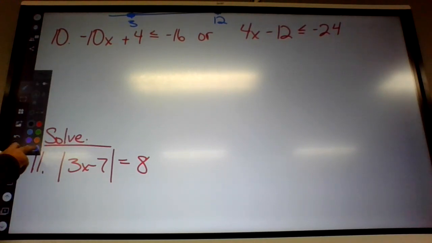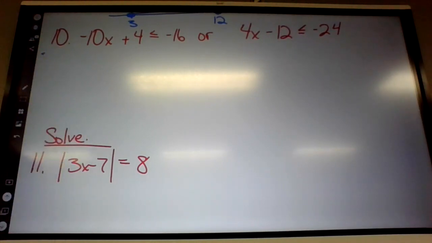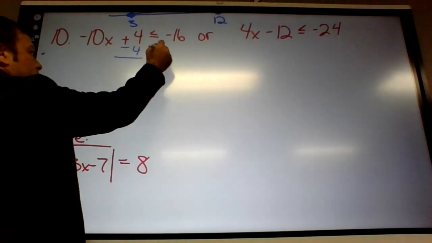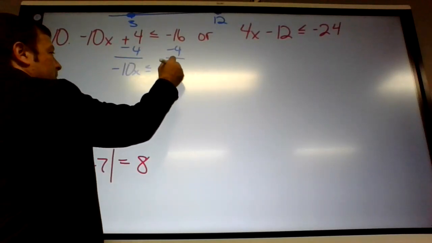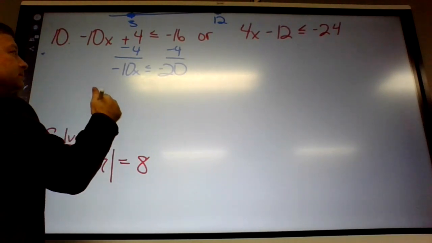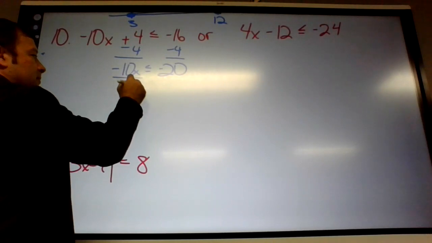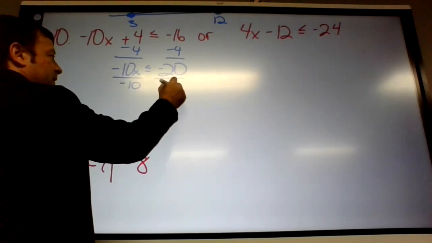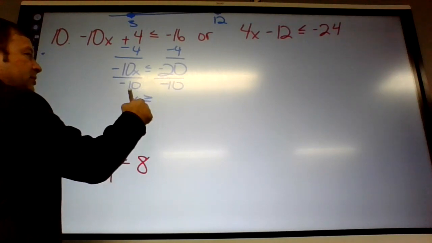Alright, Miranda, what do we do on the left one over here on number 10? Then, divide by... what happens when you divide by a negative? Switch. Yeah, the inequality switches.